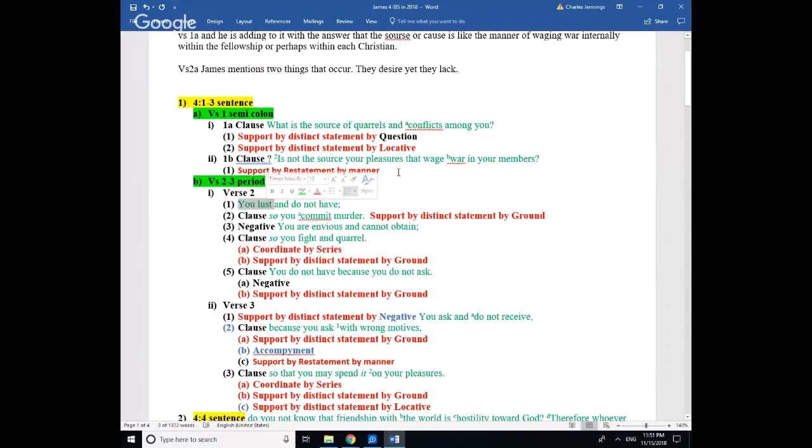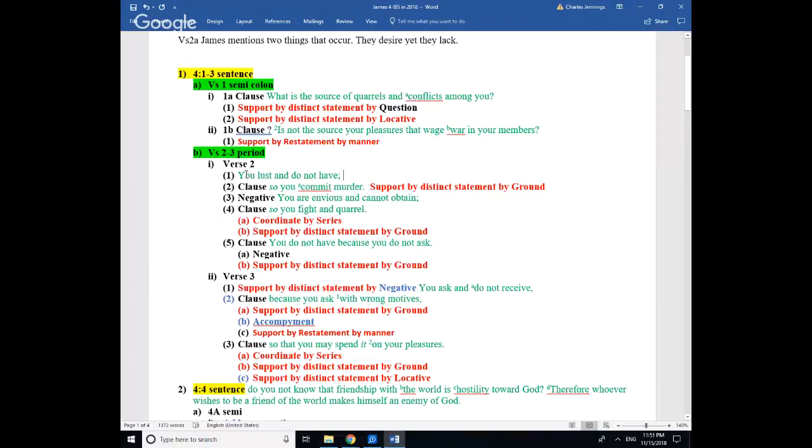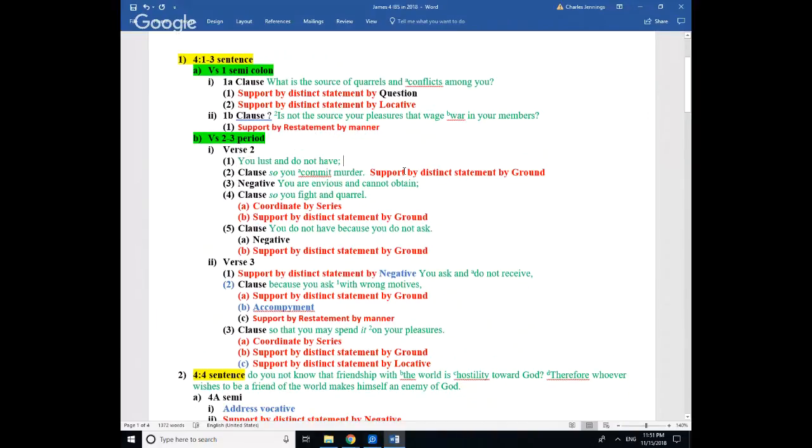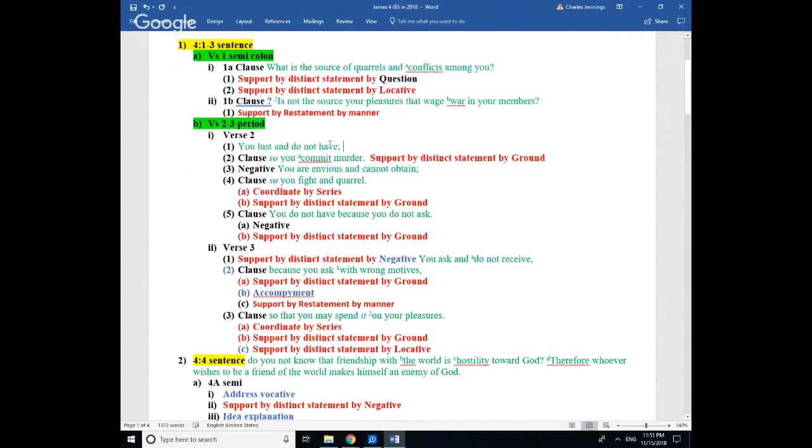It's pretty common, similar words. And he says they do not have. And like, man, that's really bad whenever you have a desire for something. And even though you have this pleasure waging war, you still are not able to satisfy that pleasure. And so what do they do? They commit murder.